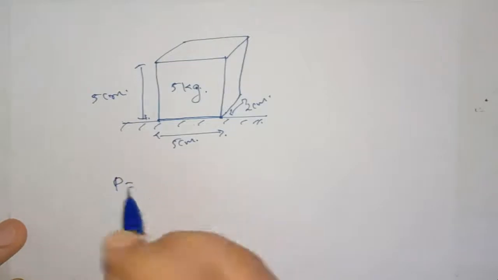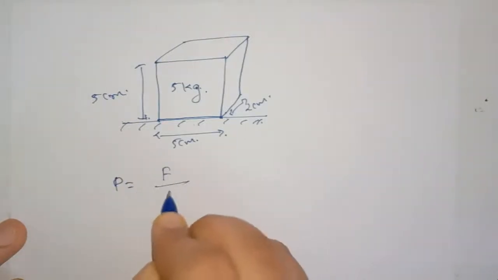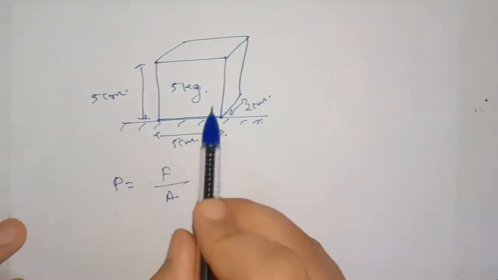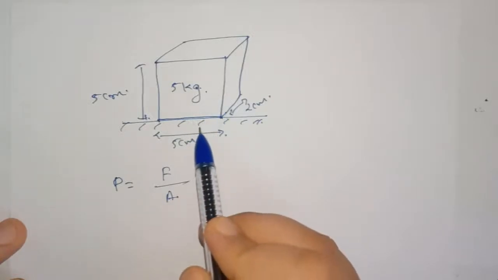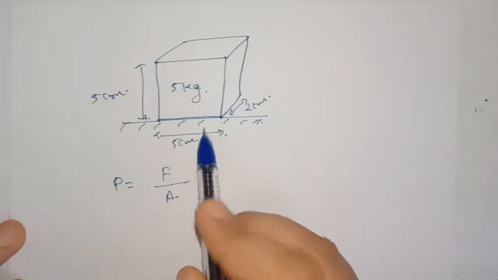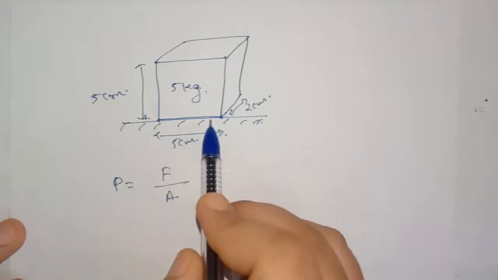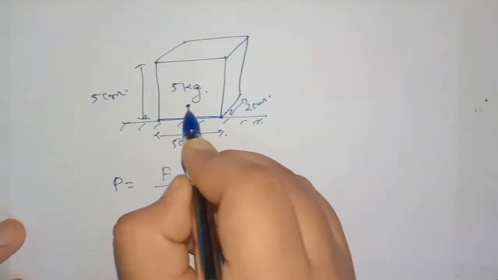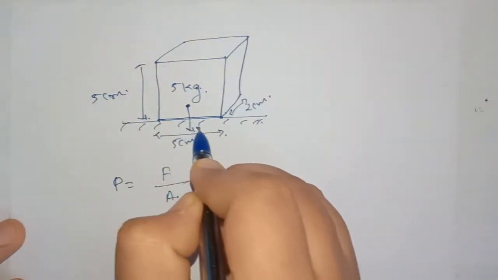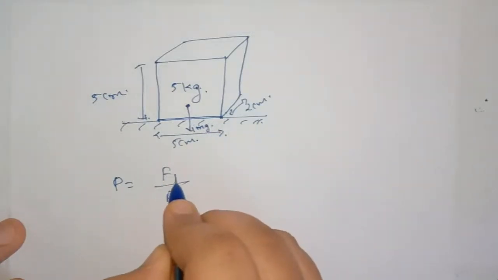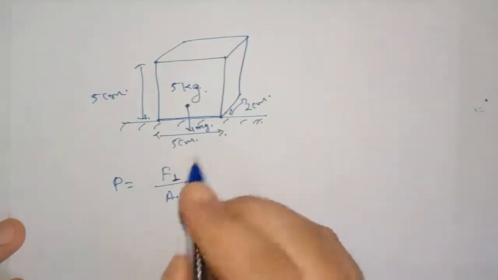The pressure is force upon area, but the force responsible for the pressure is the force perpendicular to the surface. Here the gravitational force acts perpendicular to the surface, so pressure is F perpendicular upon area.